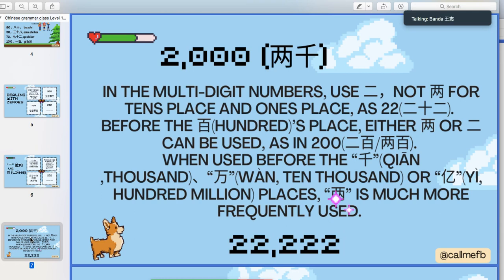In multi-digit numbers, there are times when you use R and not Liang.